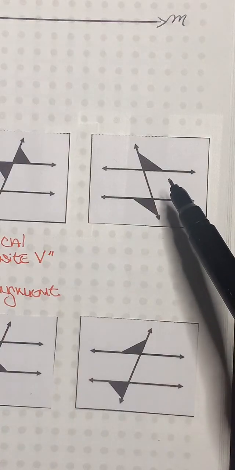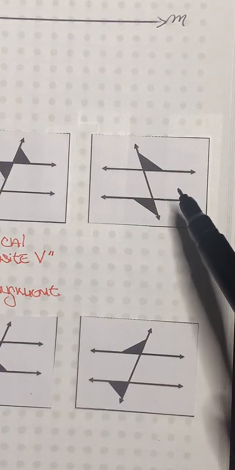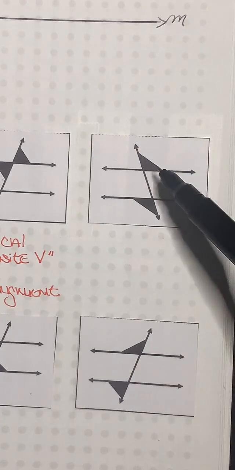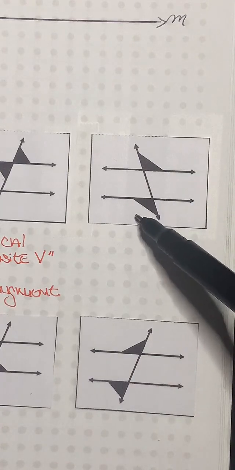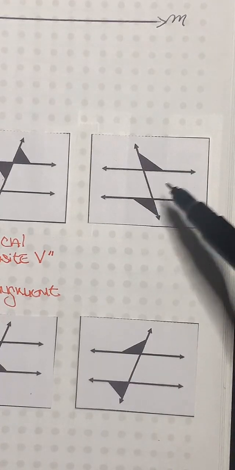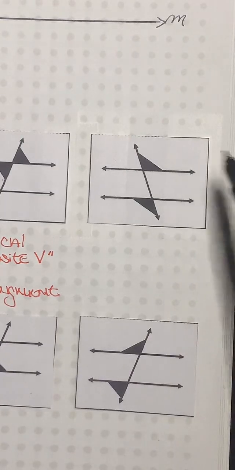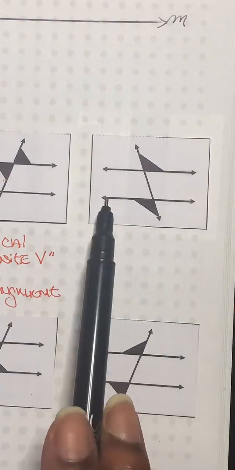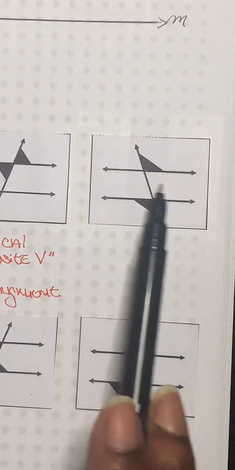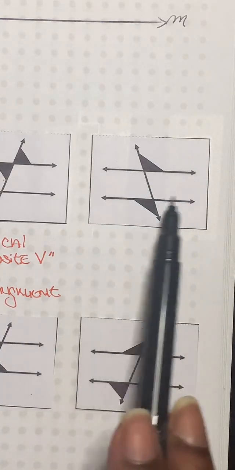So we got alternate and exterior. Thank you, Pog. Because look at these two angles. These two angles are outside the parallel lines. I kind of like to think the parallel lines as like pieces of bread. What goes on in between is inside.